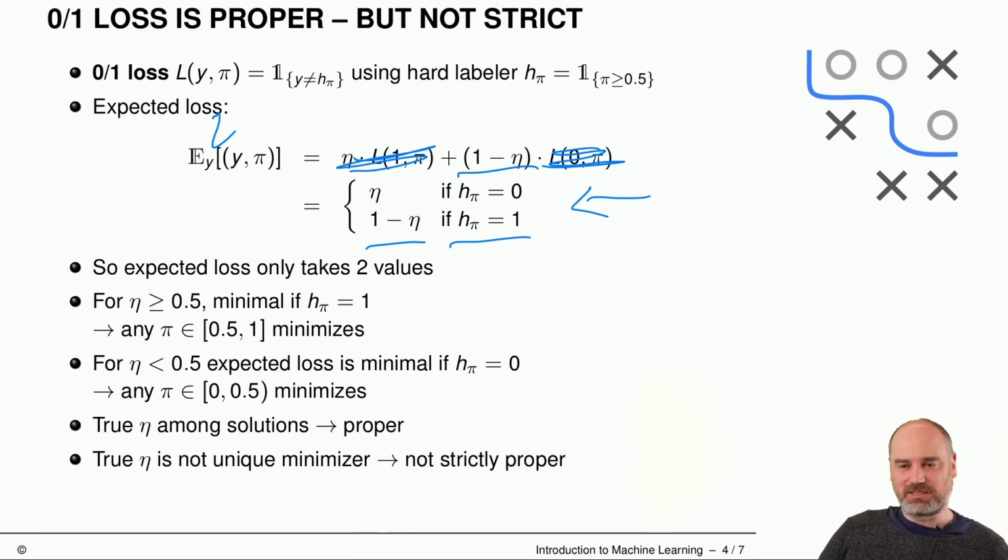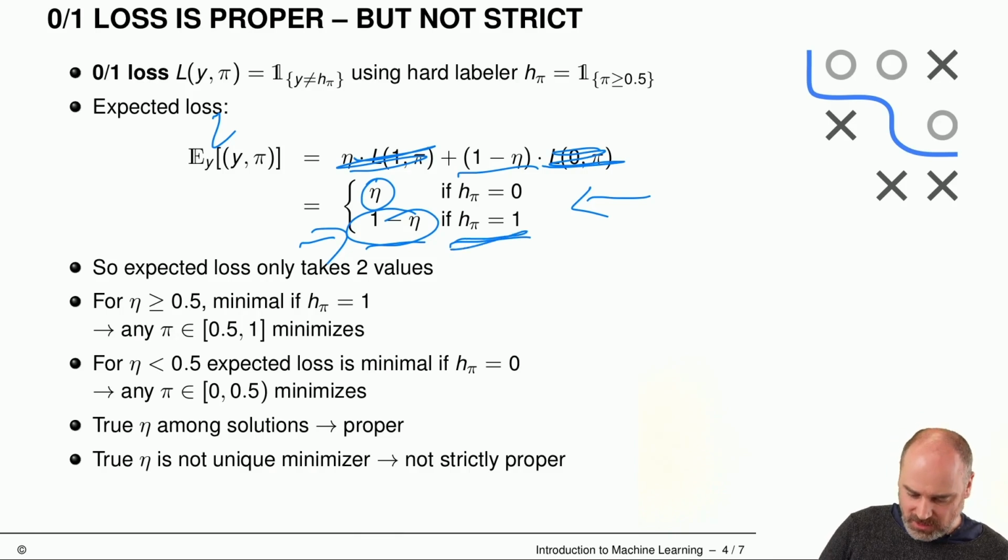So if eta is larger than 50%, then, well, I guess this here is larger and this here is smaller. So if we want to minimize, I guess we better take that thing here. That thing we take if our h function produces a 1. And when does our h function produce a 1?